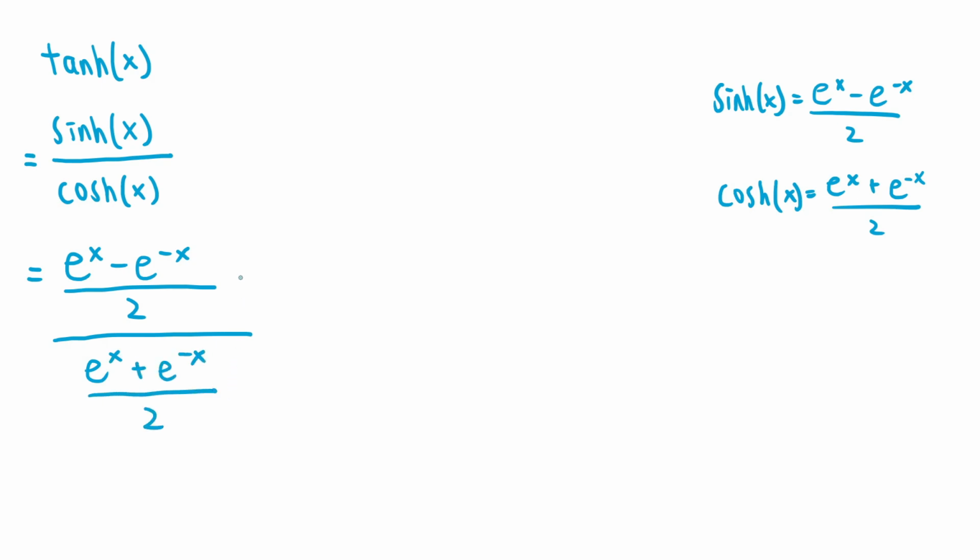We can simplify the complex fraction by multiplying both the numerator and denominator by 2, so this simplifies to e to the x minus e to the negative x all over e to the x plus e to the negative x. So this is tanh of x defined in terms of exponential functions.